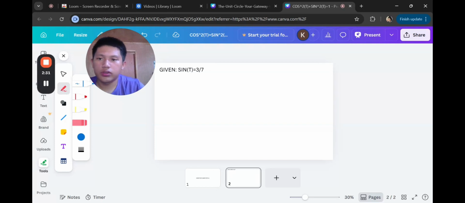The first step you need to do is to identify the sign. In quadrant II, the x values, the cosines, are negative and the y values, the sines, are positive. Since we are solving for cos t, our final result must be negative.